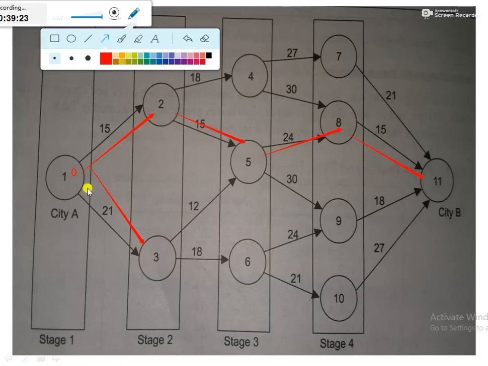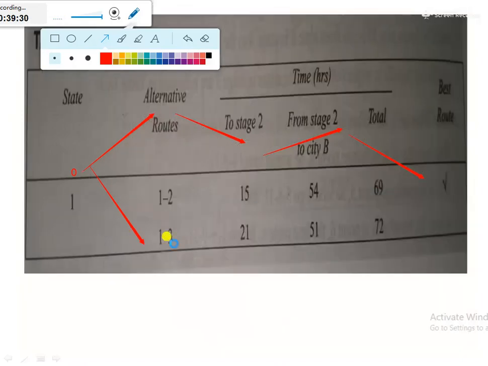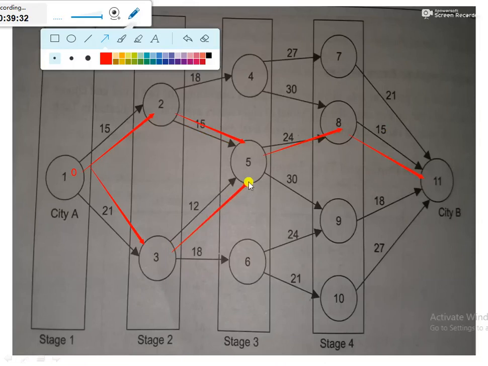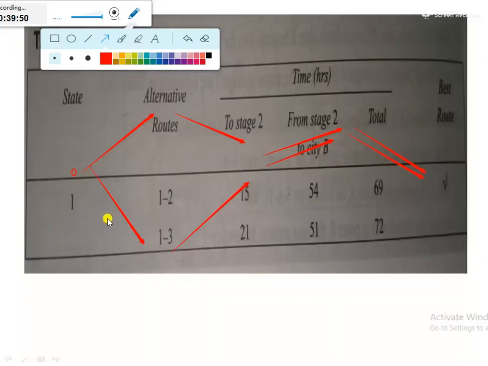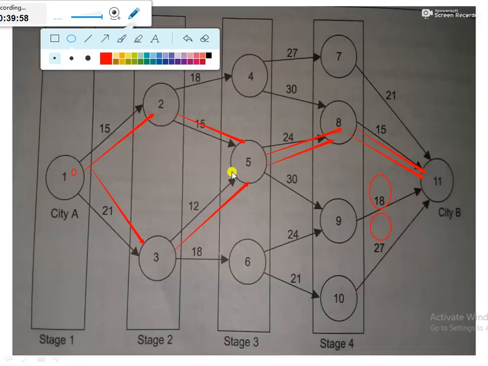And if the traveler opts to go to point 3, the best option would be 3 to 5. From this point, he can go to point 8 and from there to point 11. So the total time taken would be 15 plus 24, 39 plus 12, 51 plus 21, that is 72 hours.